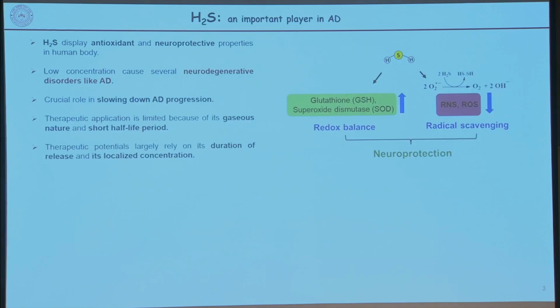So, in this context, hydrogen sulfide emerges as an important player, and in the human brain it is shown to display significant neuroprotective activity, such as it increases glutathione level and it scavenges radical species. And it was observed that Alzheimer disease patients have a low level of hydrogen sulfide in their brain, and it is very difficult to deliver hydrogen sulfide from outside due to its gaseous nature.